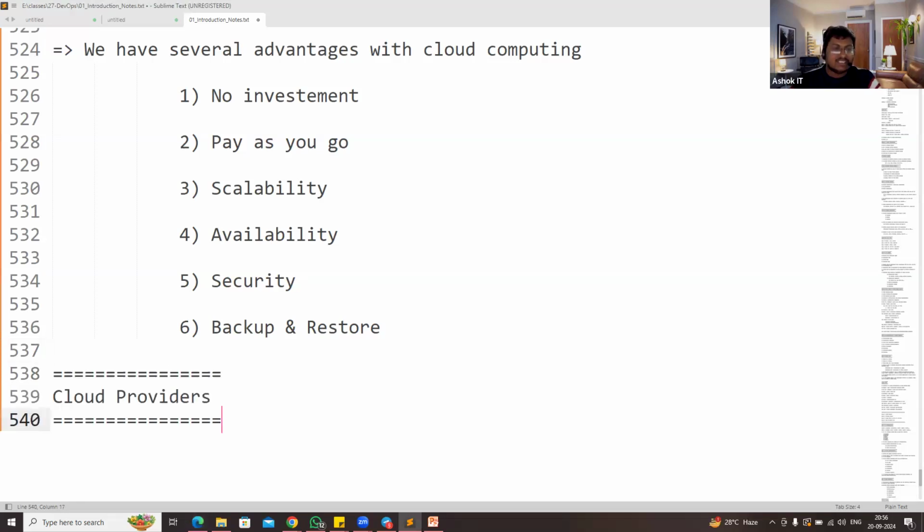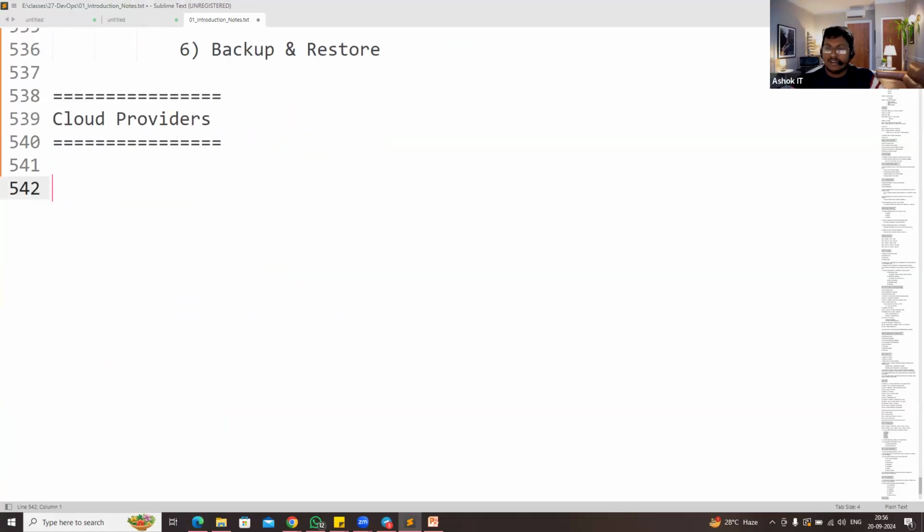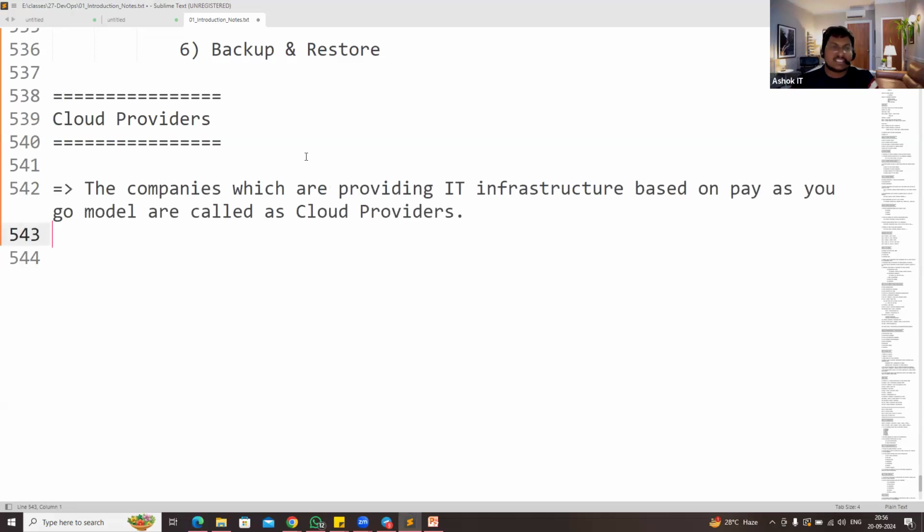In the market, there are several cloud providers available. So who is called a cloud provider? The companies which are providing IT infrastructure based on the pay as you go model are called cloud providers.